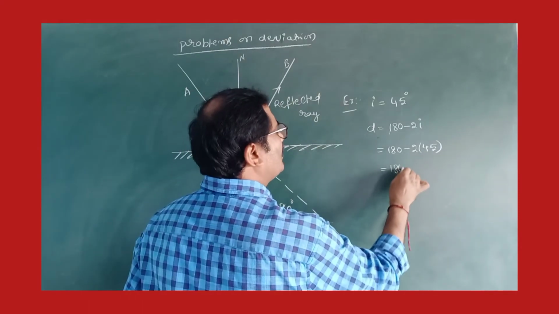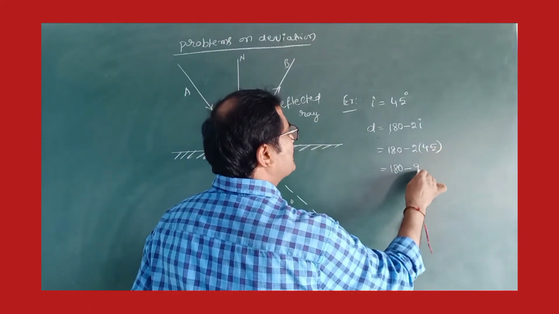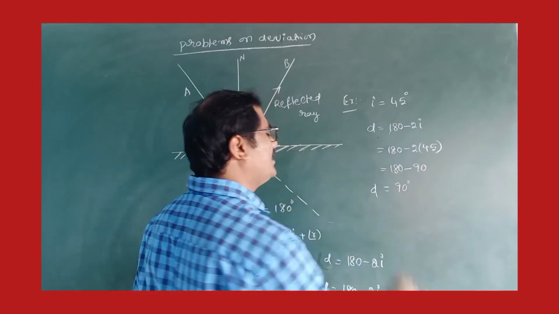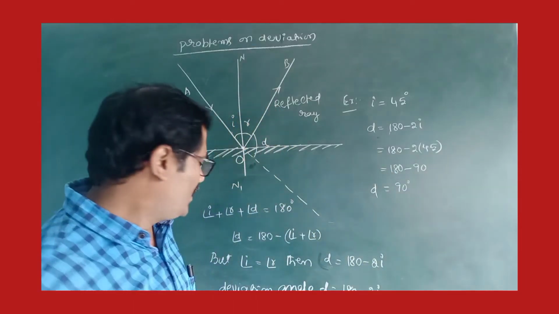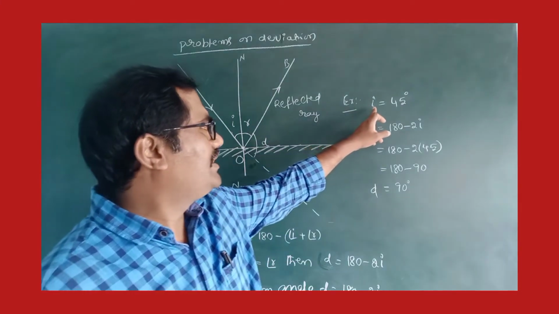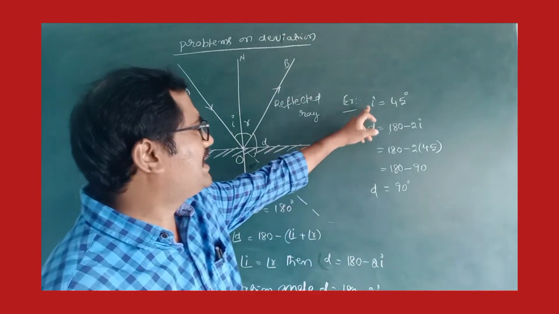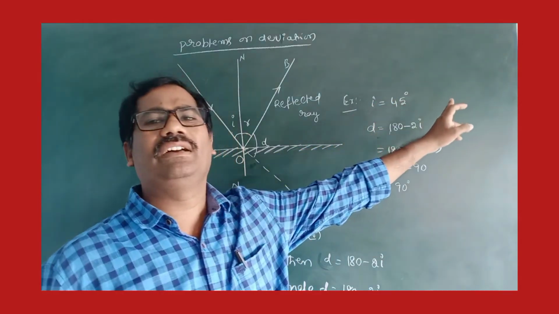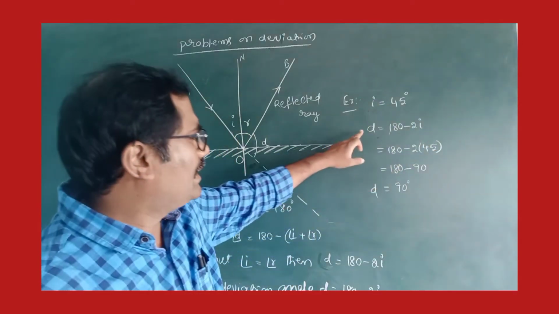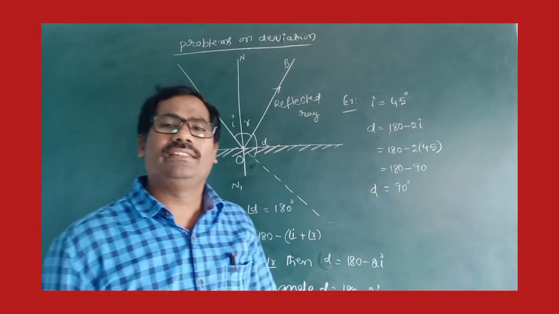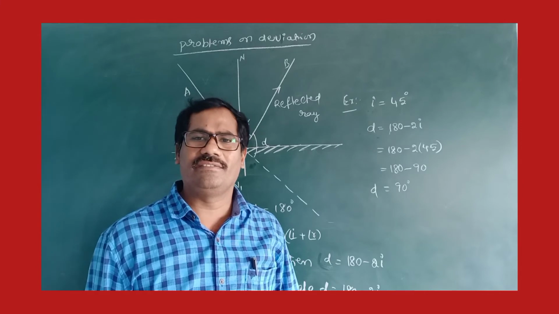That means 180 minus 90, which is 90 degrees, the deviation angle. Since the angle of incidence is equal to the angle of reflection, I equals R equals 45 degrees, and the angle of deviation D equals 90 degrees.